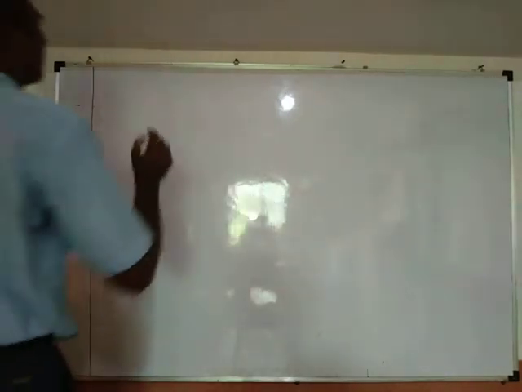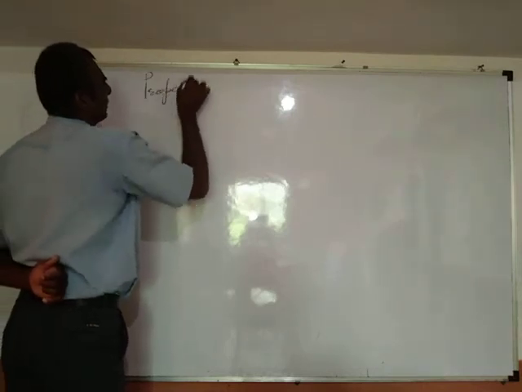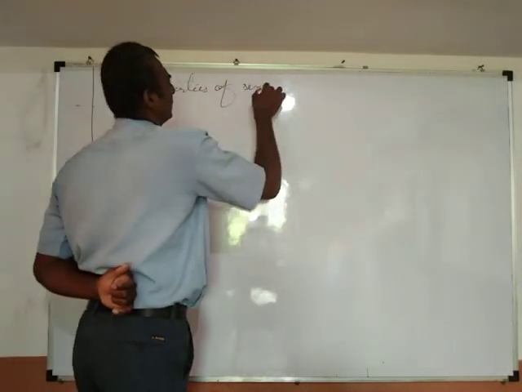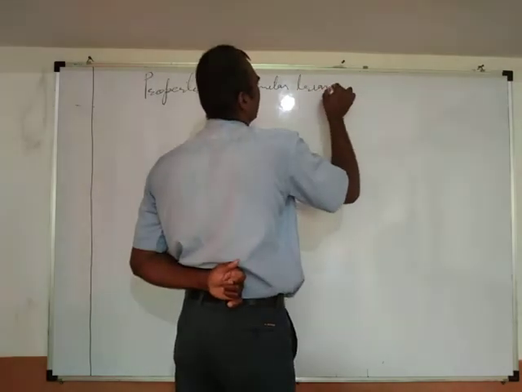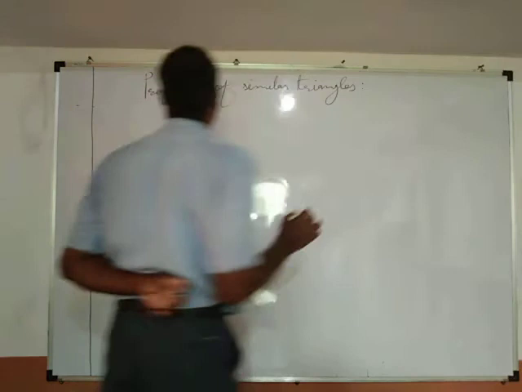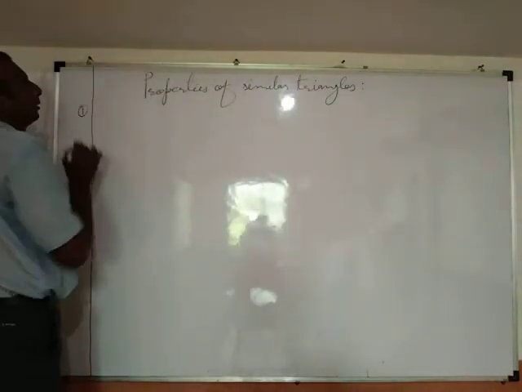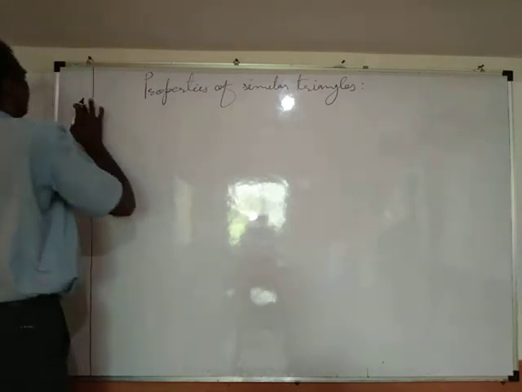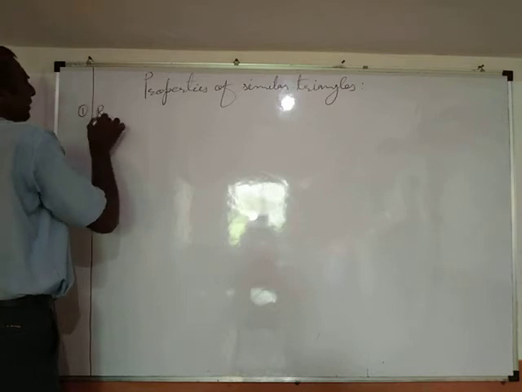Now let us see properties of similar triangles. Okay, properties of similar triangles. Number 1, reflexivity.